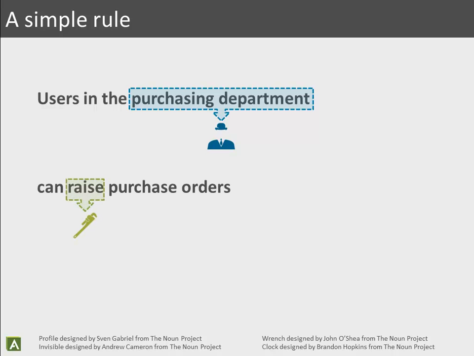Here the action is raising or creating a purchase order. Number 3, the type of resource we're dealing with. We're dealing with a resource of type purchase order. So here we've identified the 3 building blocks of the policy. A user in the purchasing department, attribute number 1, can raise, attribute number 2, purchase orders, attribute number 3.